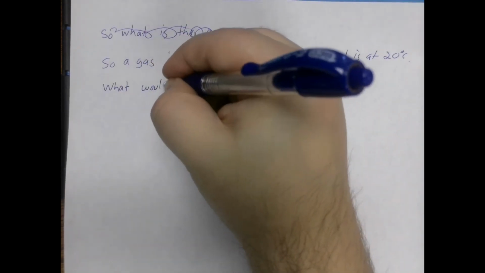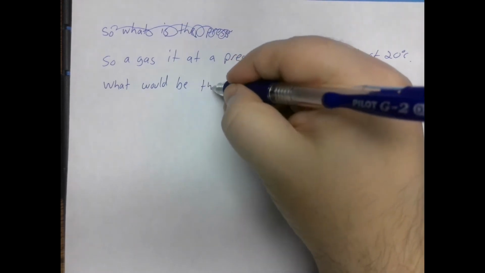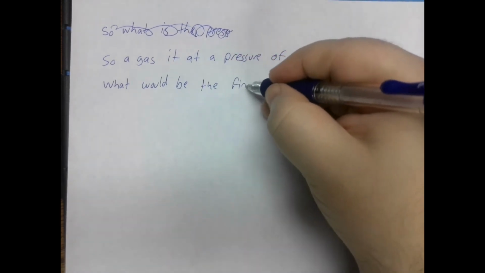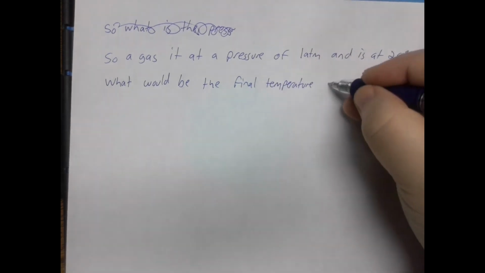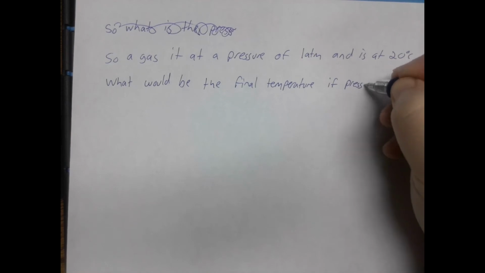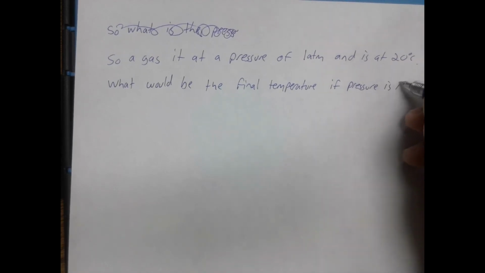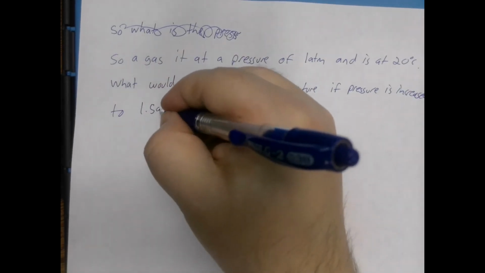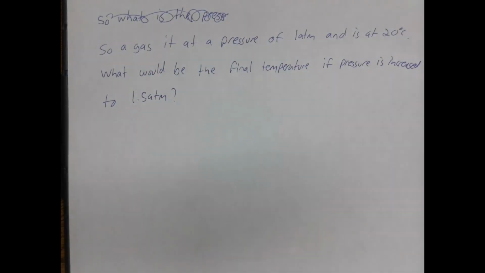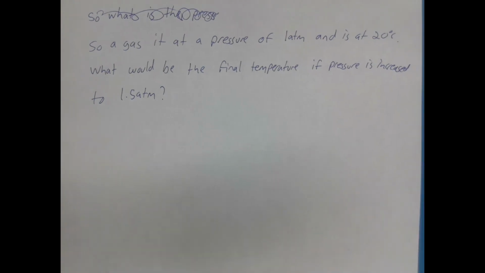What would be the final temperature if pressure is increased to 1.5 atmospheres? So a gas is at a pressure of 1 atmosphere and is at 20 degrees Celsius. What would be the final temperature if pressure is increased to 1.5 atmospheres?